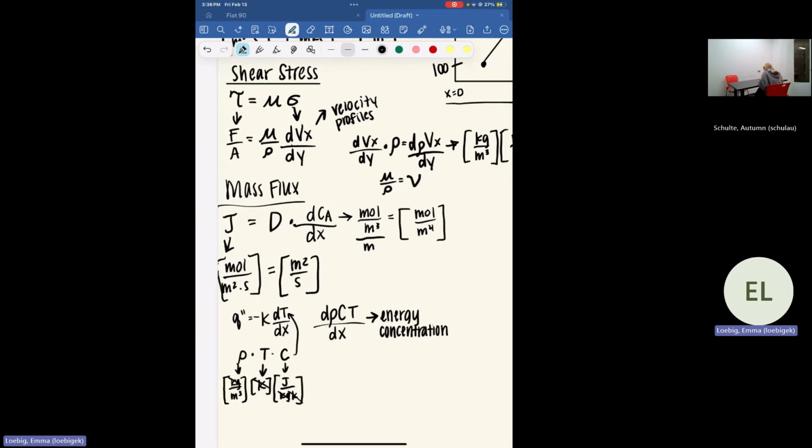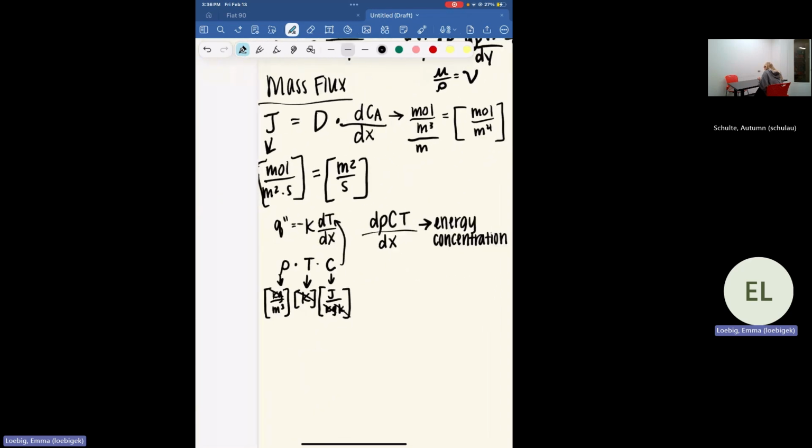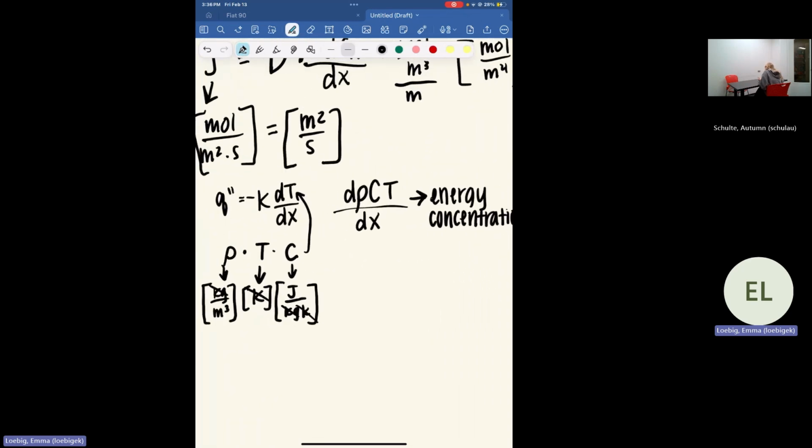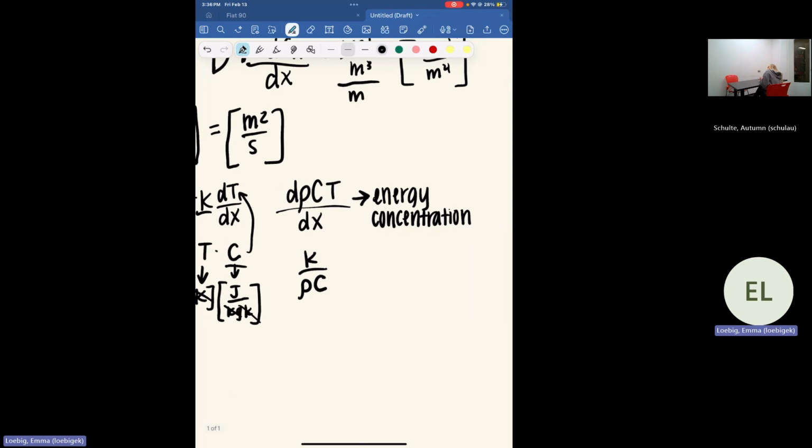Just like we did before with shear stress and our viscosity, because we multiplied our temperature by density and heat capacity, we need to divide our thermal conductivity by density and heat capacity.